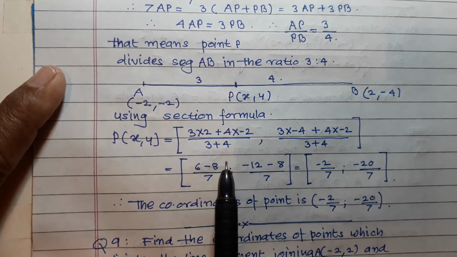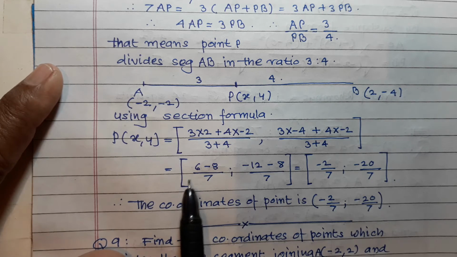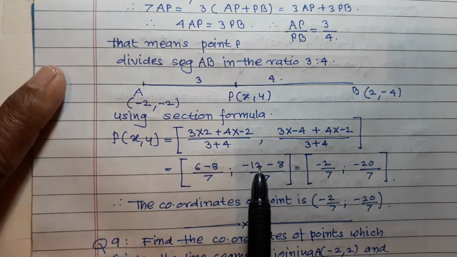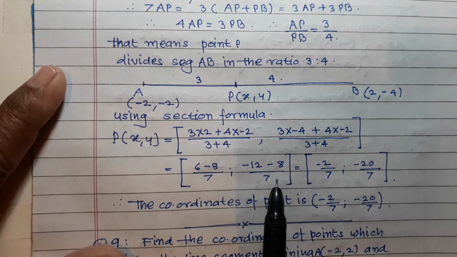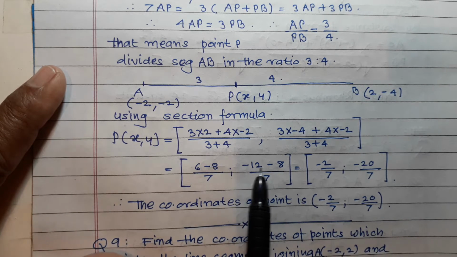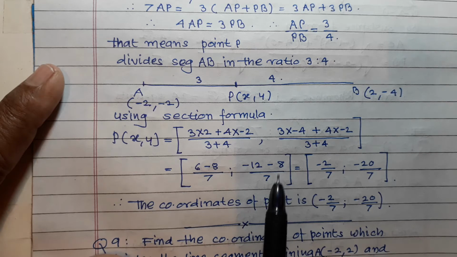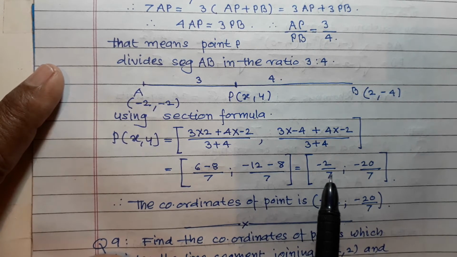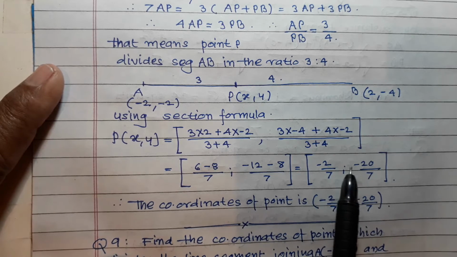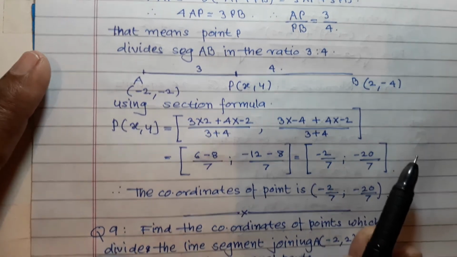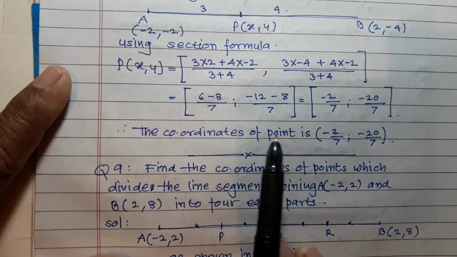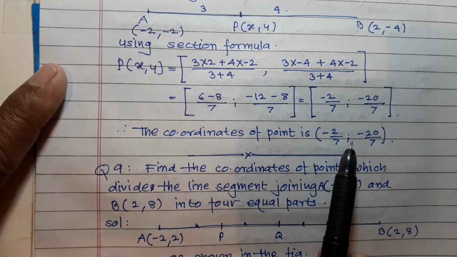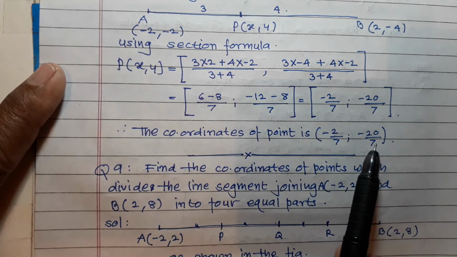If you simplify, this is (6 minus 8)/7, comma, (-12 minus 8)/7, which gives you -2/7, comma, -20/7. Therefore the coordinates of point P are (-2/7, -20/7).